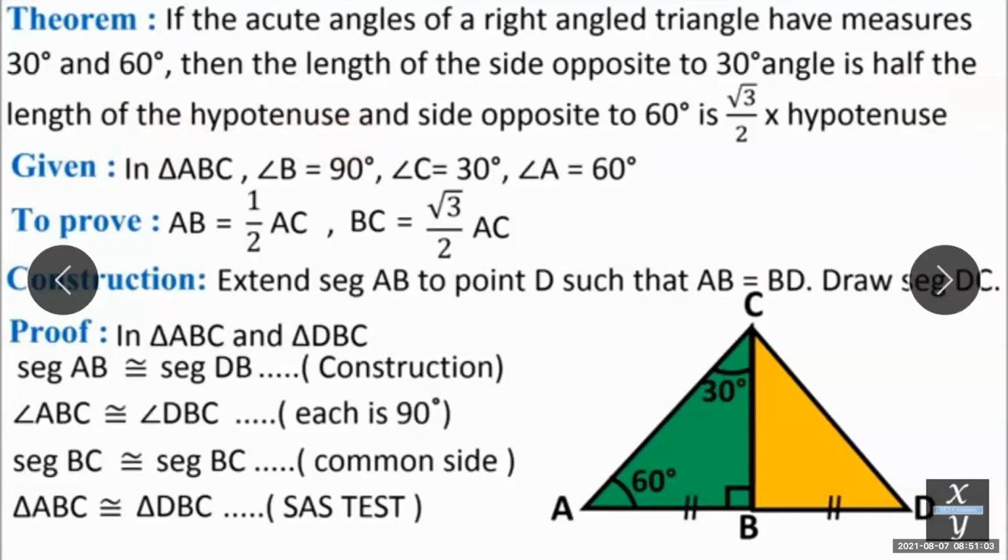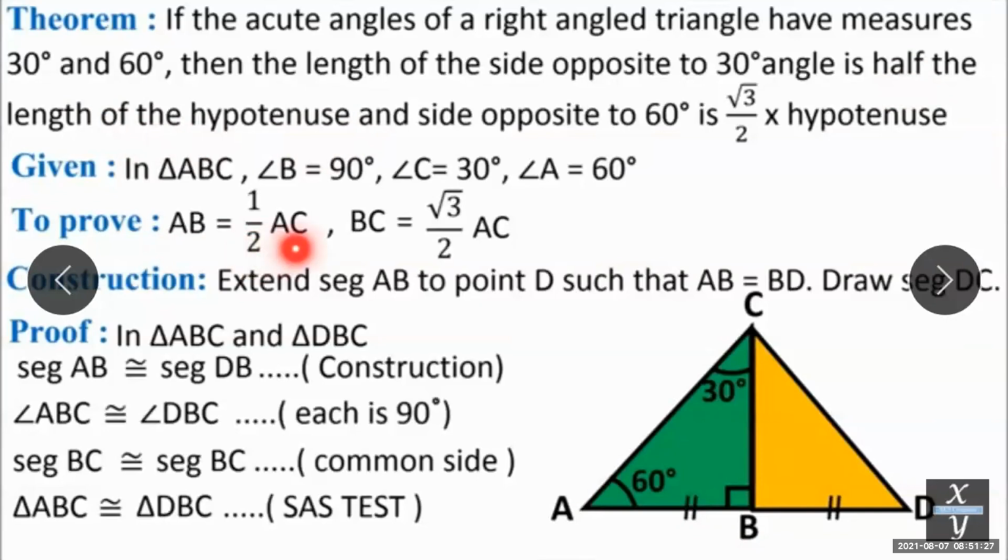I am showing you the proof here. So what is to be proved? AB, the side opposite to 30 degree, is equal to half the length of hypotenuse.